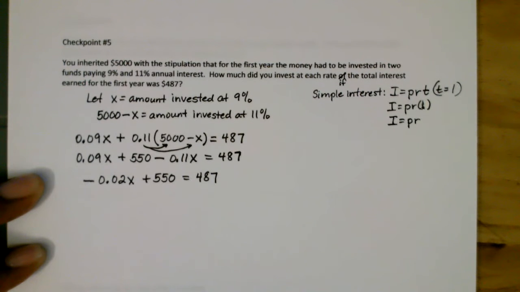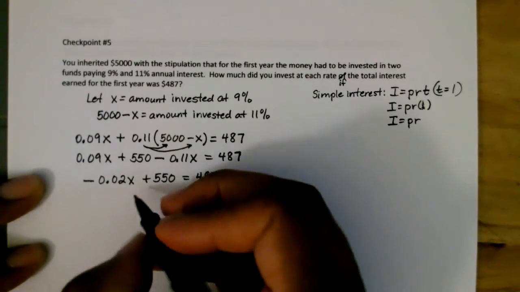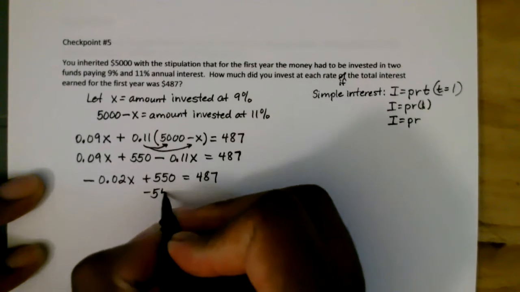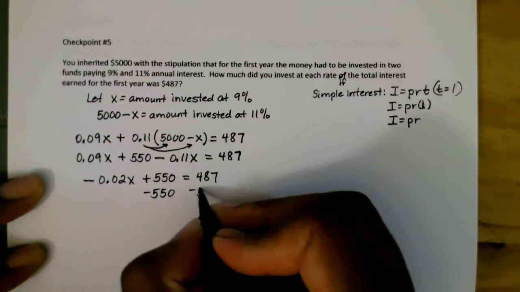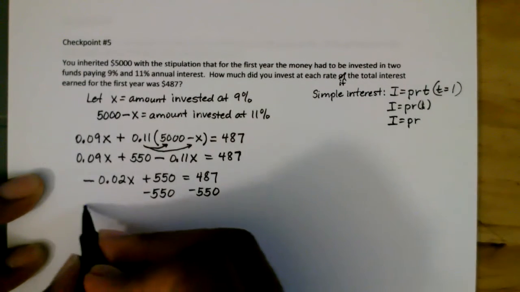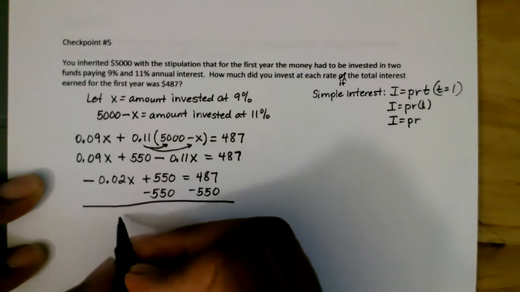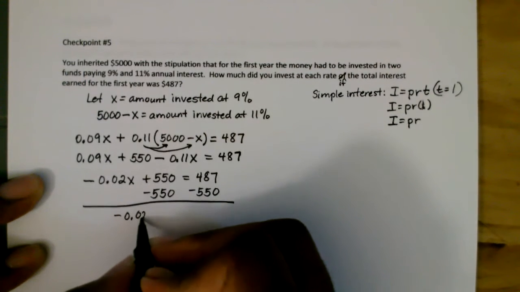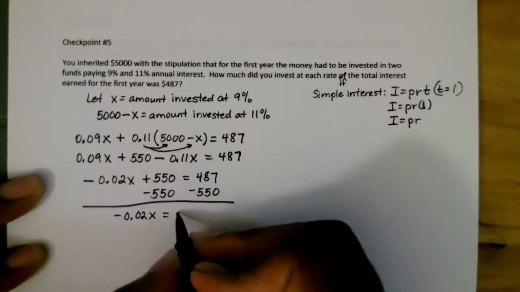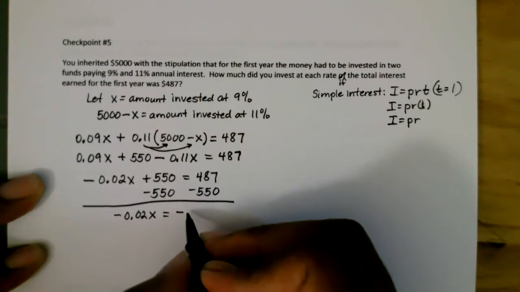And now to get the negative 0.02x by itself, I need to subtract 550 on both sides. So now you've got negative 0.02x is equal to negative 63.